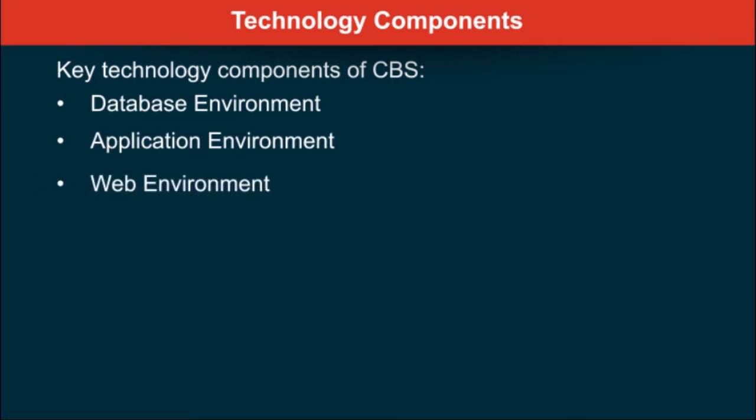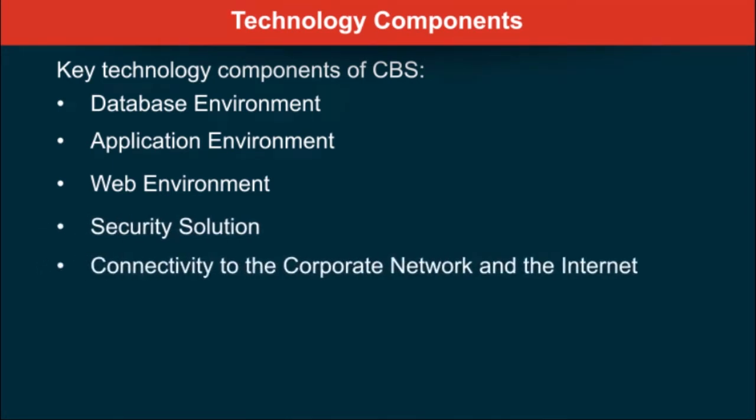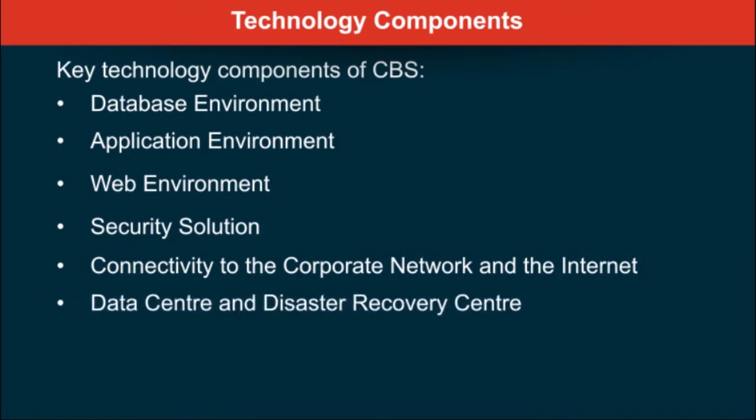It should be secure, so there's a security solution, and there's connectivity to the corporate network and internet all the time. Data center has to be there, disaster recovery center has to be there, that is you mirror the data and keep it somewhere else, so that in case this server is destroyed or something goes wrong in it, then somewhere else the same thing will be picked up and there will be continuity in the business.